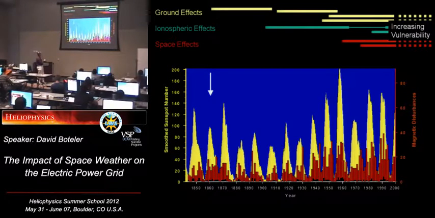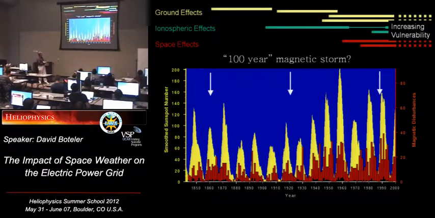There's the 1859 storm. There's the 1921 storm when the telegraph station in Sweden burnt down. It was another big one. And then 1989, with the Hydro-Quebec blackout. With other data, we're trying to build up a decent statistical record to estimate those.